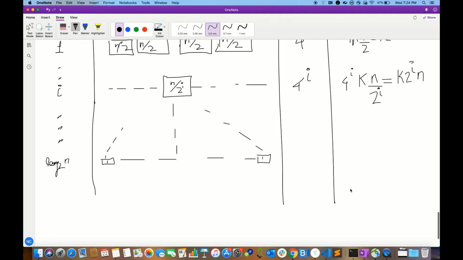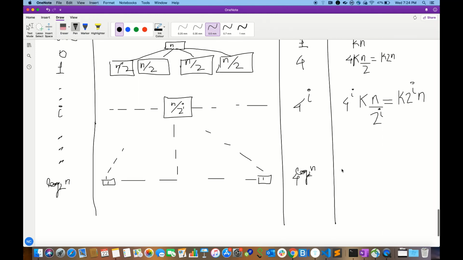So at this level we will have 4 to the power log n with base 2 number of nodes, and the work that needs to be done here is 4 to the power log base 2 n into k, and here the number of elements in each node is 1, so it gets reduced to k times n squared.